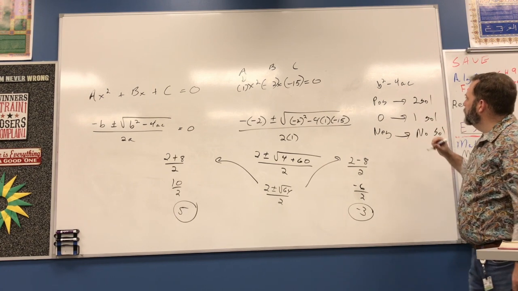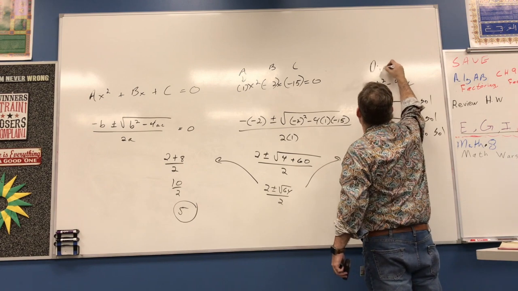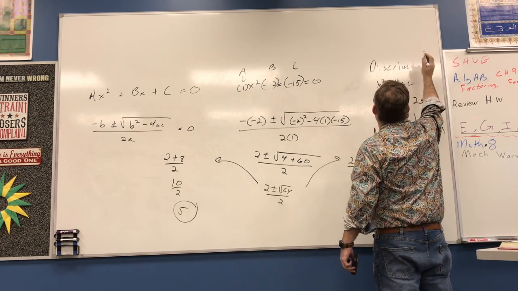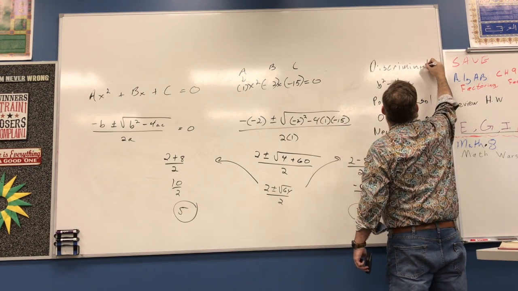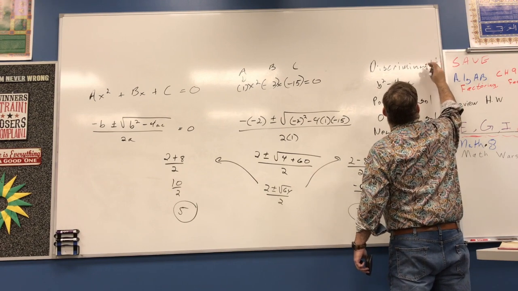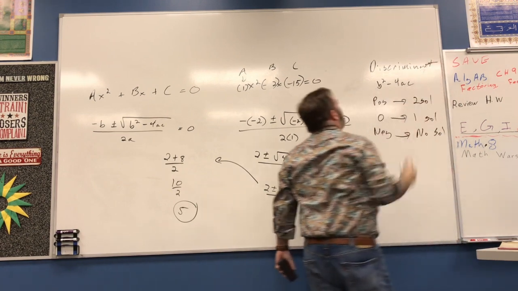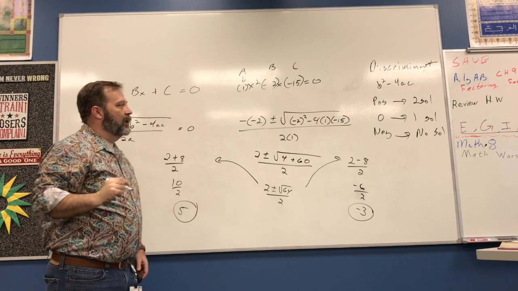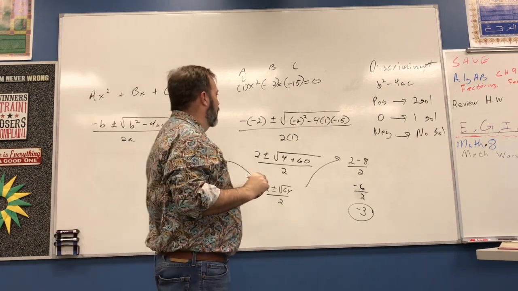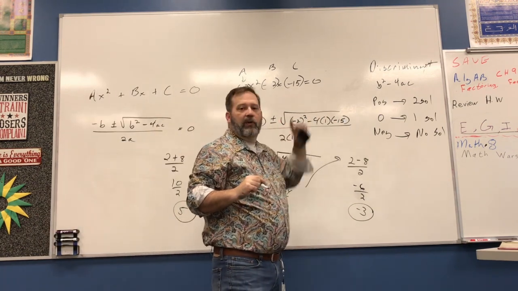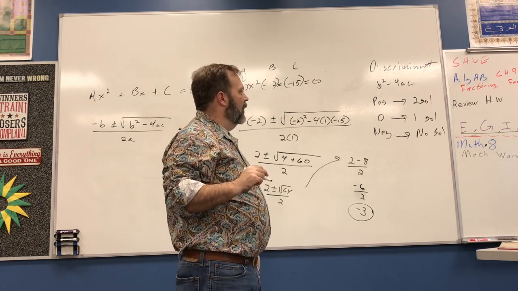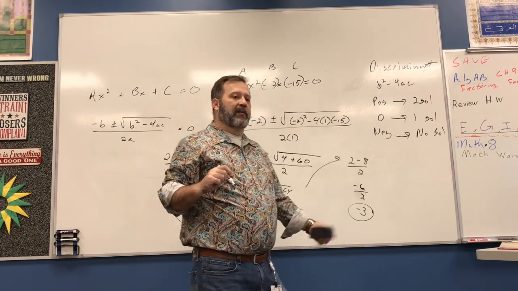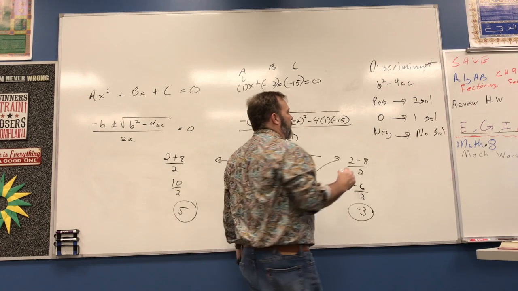So you can use this thing that we call the discriminant. There we go. I learned how to spell and write and things. The discriminant. If you use the discriminant, you can save yourself some work, because if you solve this middle piece first, it will tell you whether you need to go forward. If you're sitting there going, okay, I got the positive and I got the negative, tell me about 0.